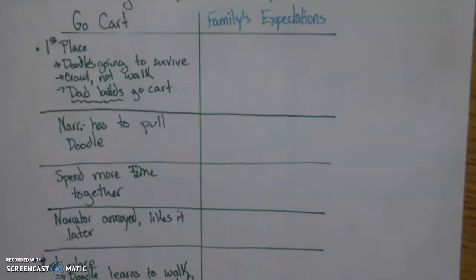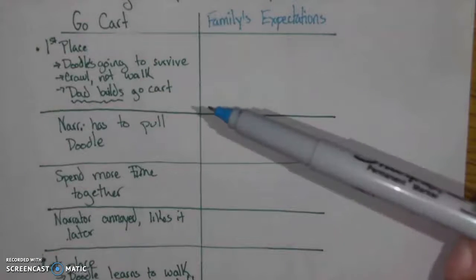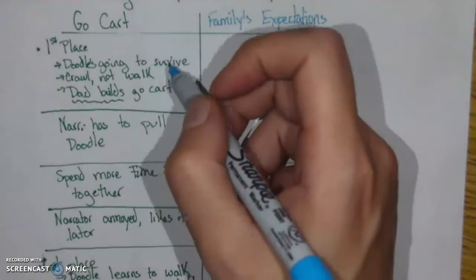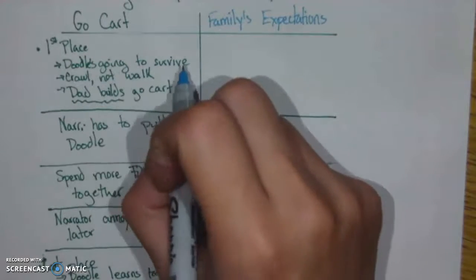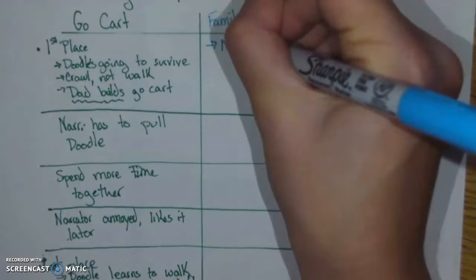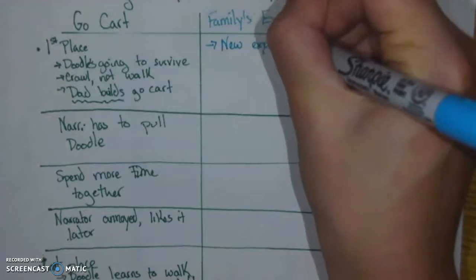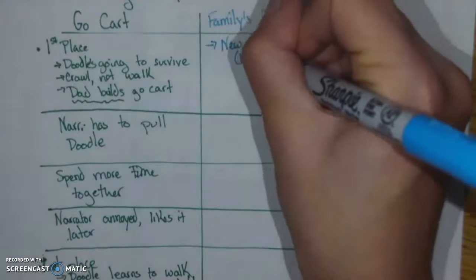So the family's expectations of Doodle, and these start right here. We can see that the family's expectation originally was that he died, but the go-kart is this new expectation, right? Because he lived.